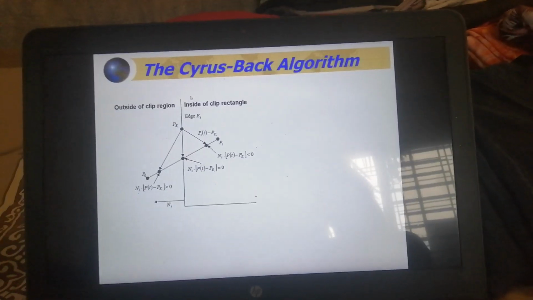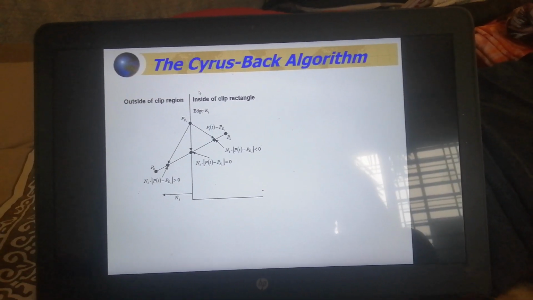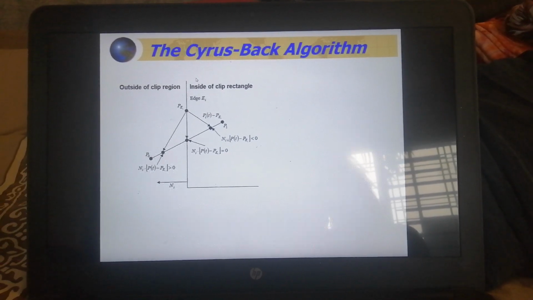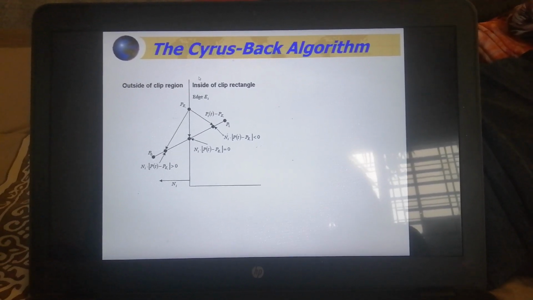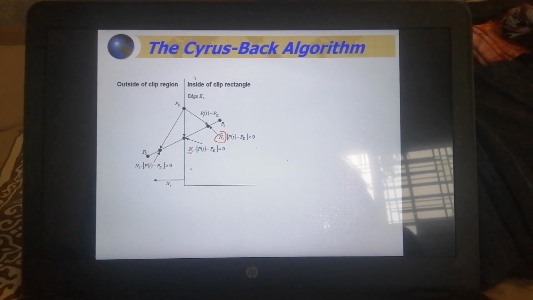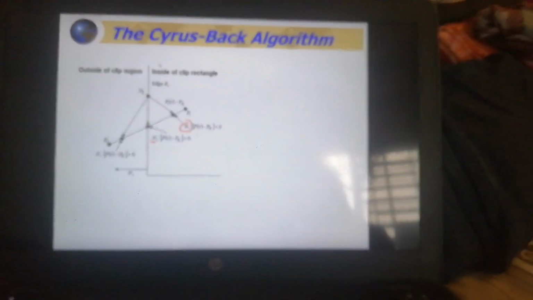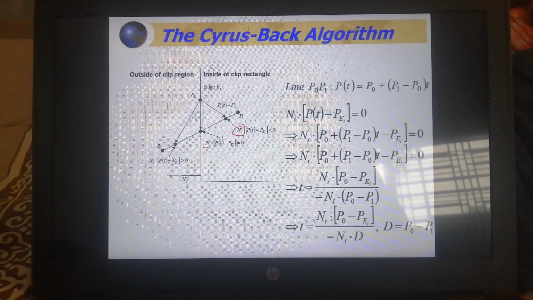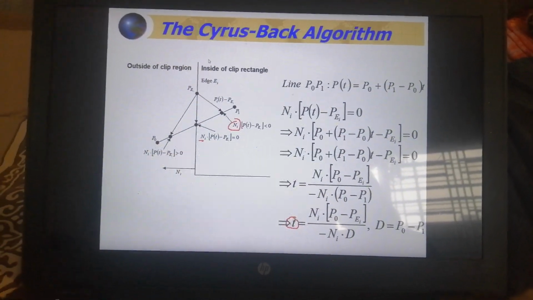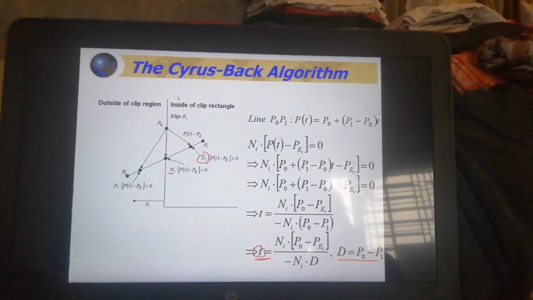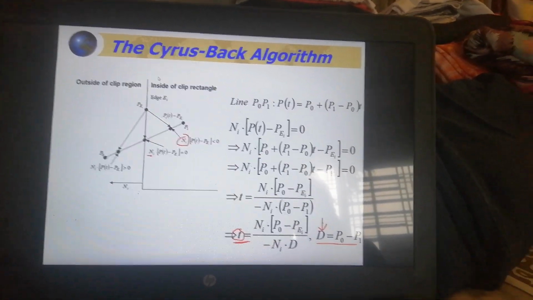the Liang-Barsky parametric equations. What exactly did Cyrus-Beck do? They were too much worried about the tangent, the normal vector. They calculate the normal vector at each point, and with that they draw the conclusion of T. That means after certain time, how T is evaluated, and measuring the distance.